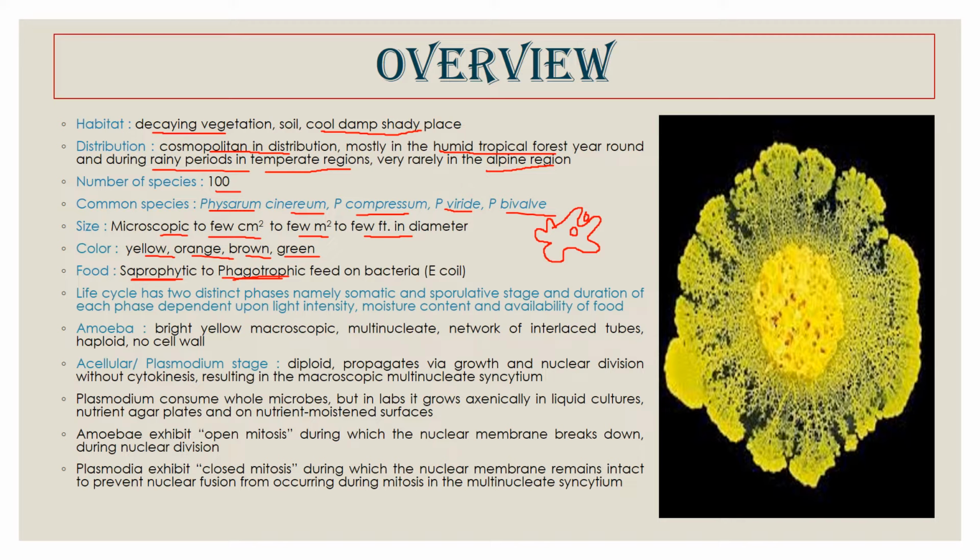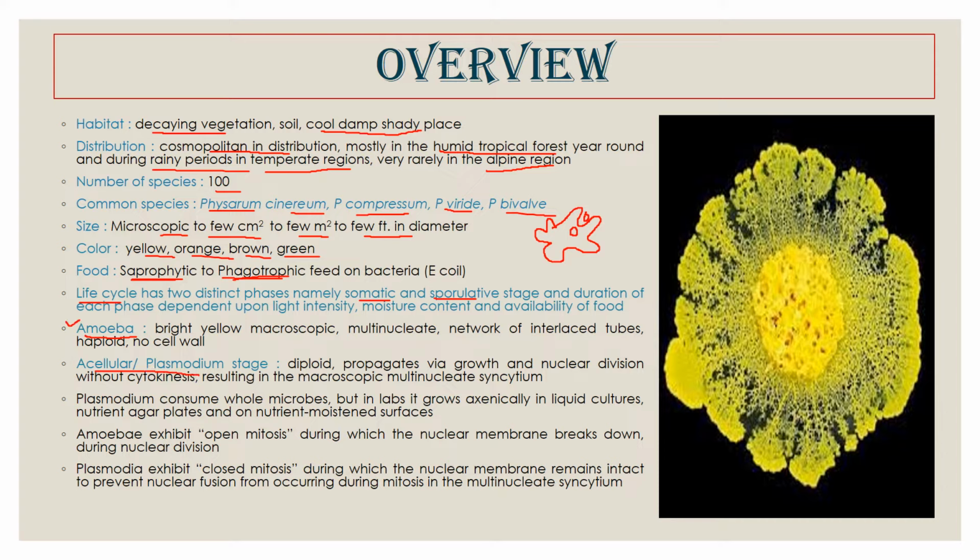So the life cycle of this Physarum is divided into two phases. One is the somatic phase, another is the sporulative phase. In the somatic phase, it is of two types: a very small amoeba-like structure called myxamoeba, and the plasmodium.